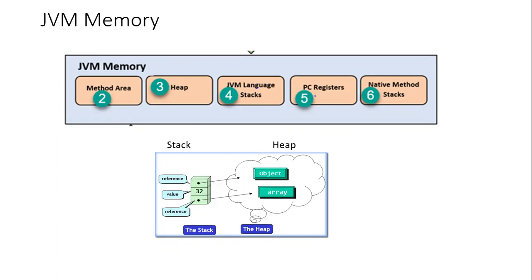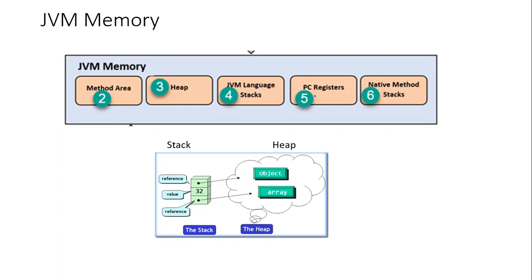Okay, it's going to be more of an external call, right? But whatever small memory is required for us to call that external programming language, that is what is going to be there in the native method stack. PC register, it's going to hold the execution list. Say there are going to be execution 1, 2, 3 line items.